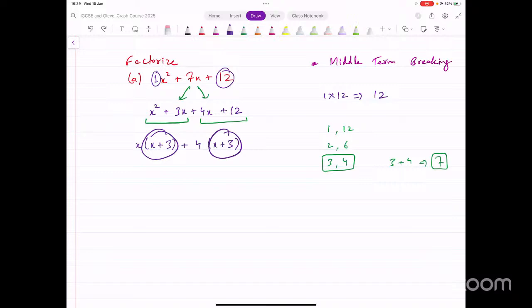Because once this happens, that you have the same expressions in both brackets, now you think of these two terms and see, okay, we've got x plus 3 here, and we've got x plus 3 here. So we can take x plus 3 common.